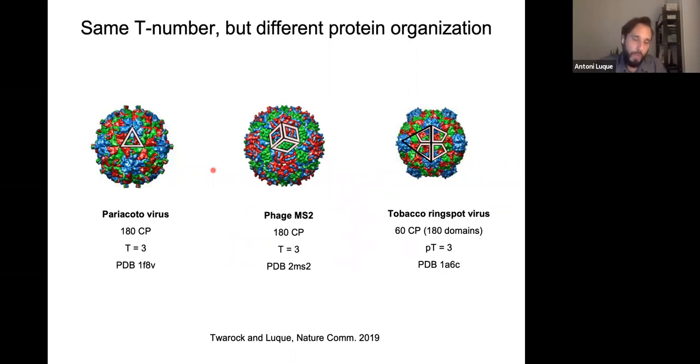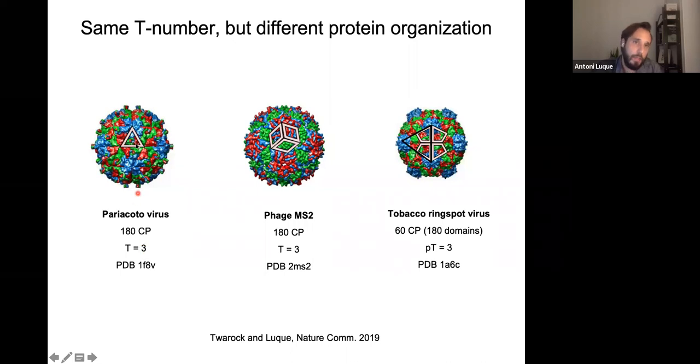So first of all, you had cases that had the same number of proteins or T number, but they have completely different protein organizations, which were not predicted by the Caspar and Klug framework. So this is pariacoto virus. It infects insects, has 180 capsid proteins. With the stoichiometry of 60 leads to a T3.